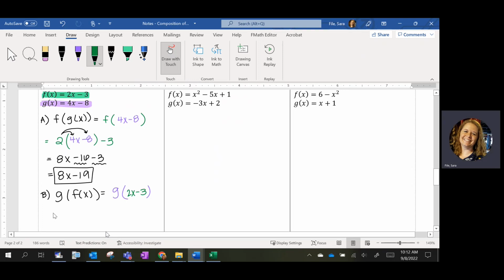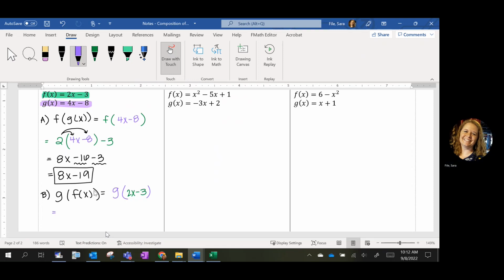So to do that, the g function is 4x minus 8. So that's going to be 4, and then I'm going to do parentheses, and then minus 8. And inside the parentheses, I'm inputting the 2x minus 3.